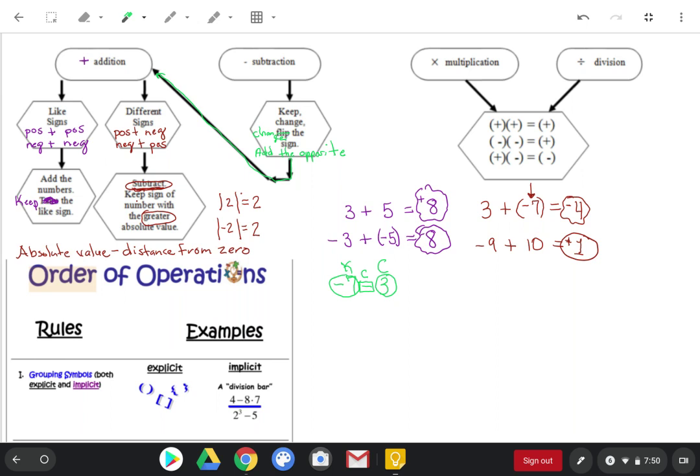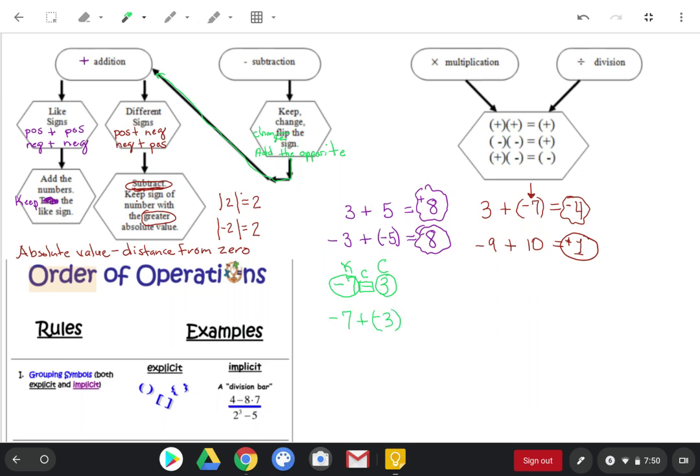So I'm going to rewrite that as -7 plus -3, reflecting the fact that I'm adding the opposite or performing that keep change.